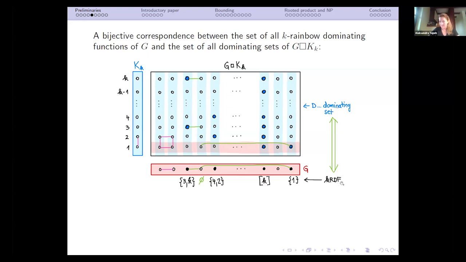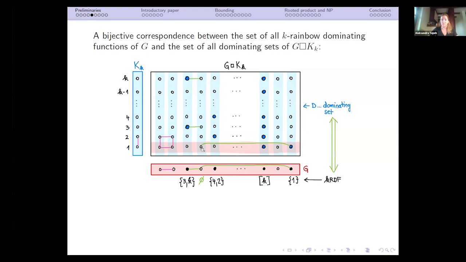And this is really easy to see because I only have to check vertices to which empty sets are assigned. And I have to check that they see all the labels, all the colors in the neighborhood. But since this is empty, why is it empty in the first place? Because there is no vertex from D in this layer. That's why it's empty.